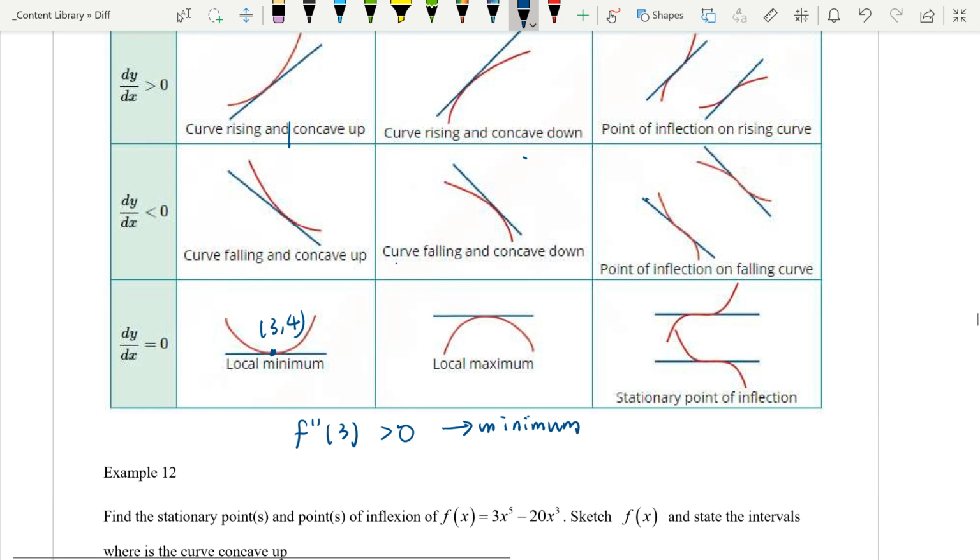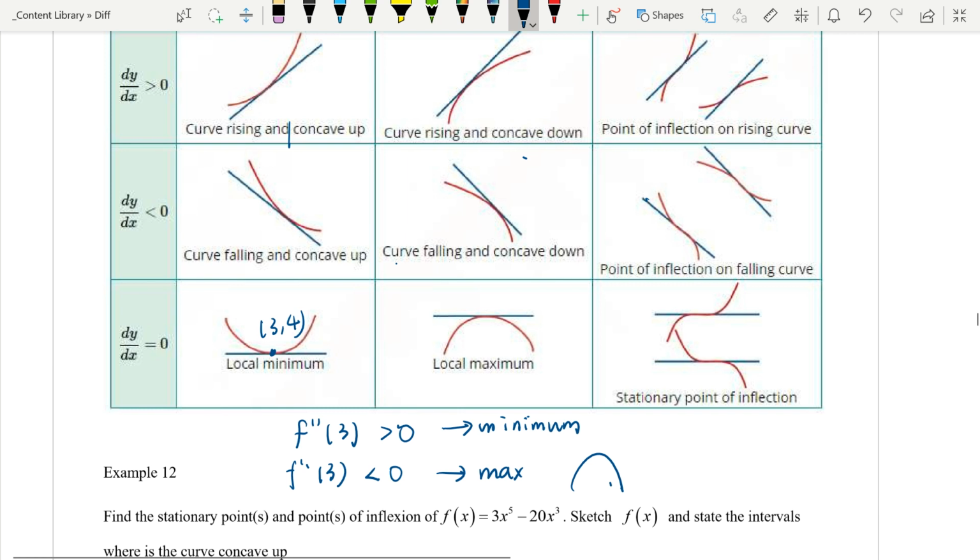Your tangent is below your graph, and concave up means like this way, so you have a minimum point there. If second derivative is less than 0, it's a maximum because it's concave down, like this way. So it's opposite. Bigger than 0 is concave up, a minimum point. Less than 0 is concave down, a maximum point.